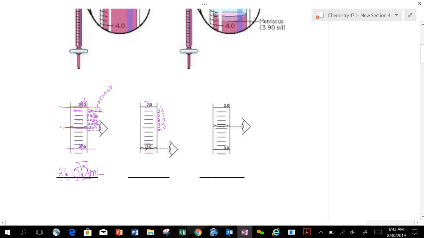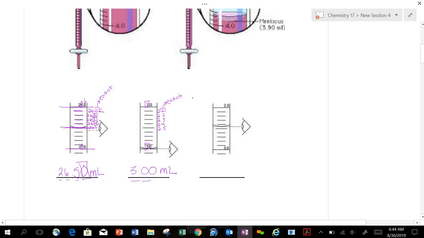If we look, our tenths place is going up by 1, which means that this is also an exact number. So we're going to measure our exact numbers. I'm going to say 3.0, and then since I have exact, I need to make one estimation. I'm going to say it's exactly on that mark, so I'm going to put another 0. I'm going to put milliliters.